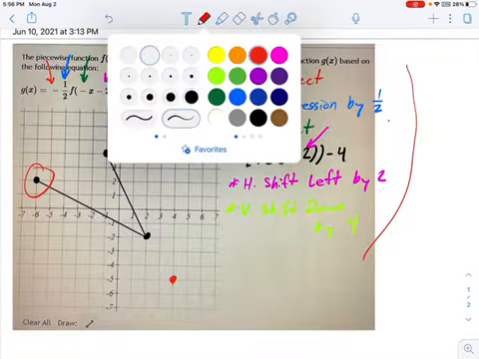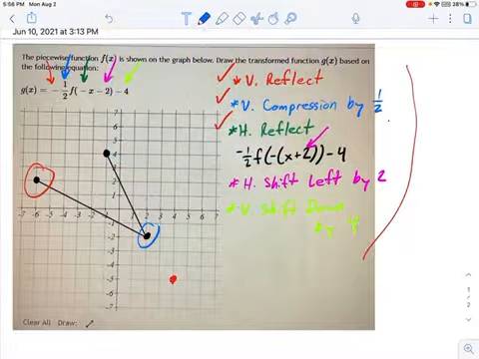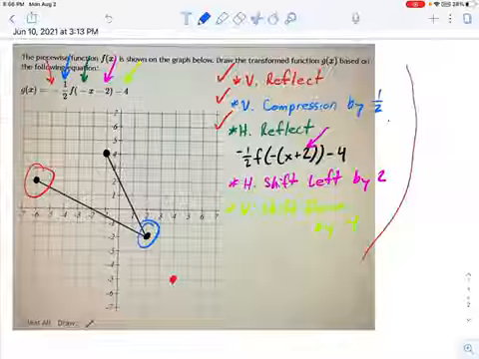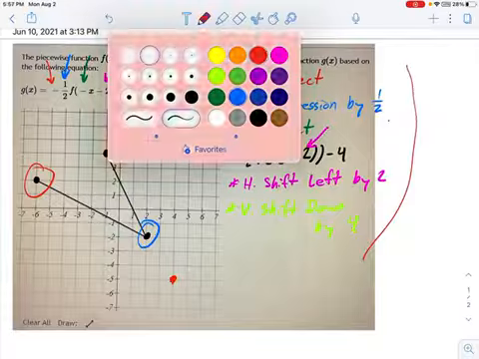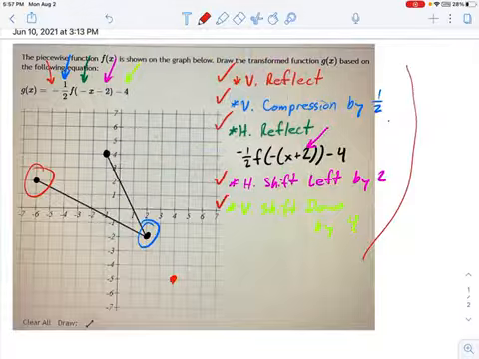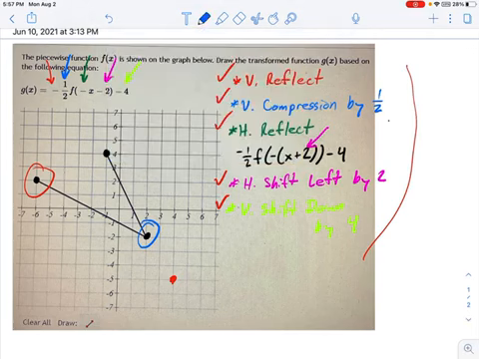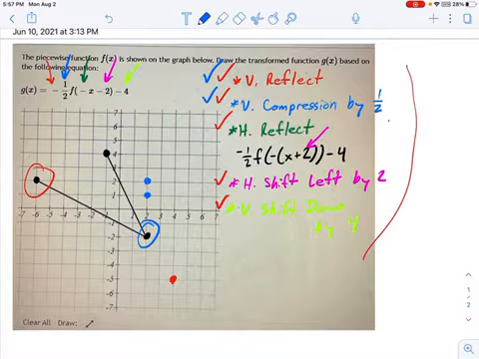And now, don't lose track of what you're doing. We're going to move on to this dot next. So let's start working down our list again. Now, vertical reflection of this dot. That's going to move it to this location. Done. Vertical compression by 1/2. That's going to move it to this location. Done.